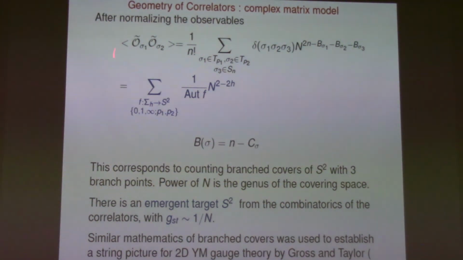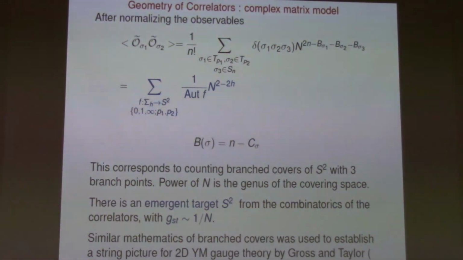So this story with the complex matrix model was done actually in a paper by Tom Brown, one of my students, around 2010, which followed an earlier paper around the same time with me and Robert, where we did the Hermitian matrix model case using similar combinatorics and similar geometry. And this kind of follows the tradition of work of Gross and Taylor, who established a 2D string picture for 2D Yang-Mills gauge theory.